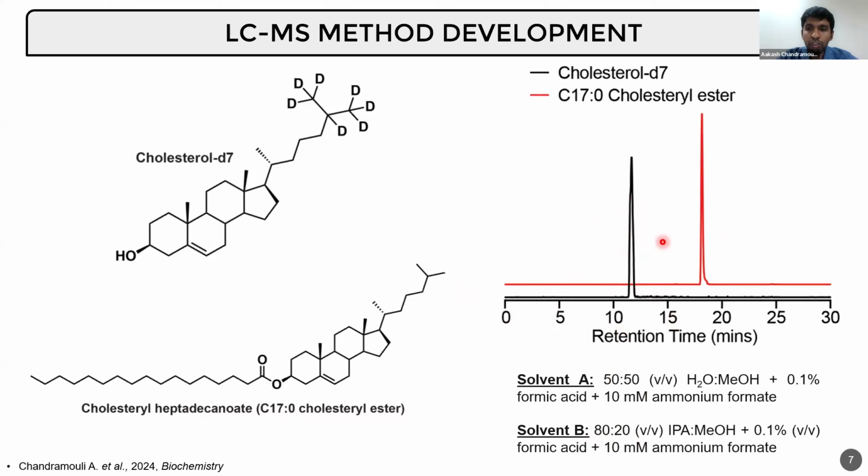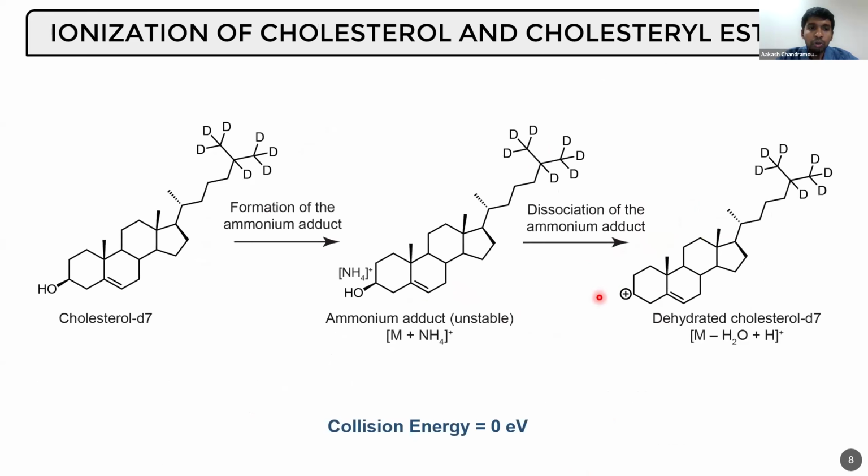Once we separated these molecules, we wanted to confirm their fragmentation pattern as well. With the current solvent system, cholesterol generally forms an ammonium adduct, which is quite unstable, and even without the application of any collision energy, it dissociates to form a dehydrated cholesterol variant.